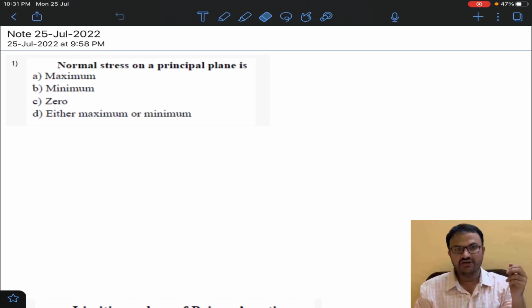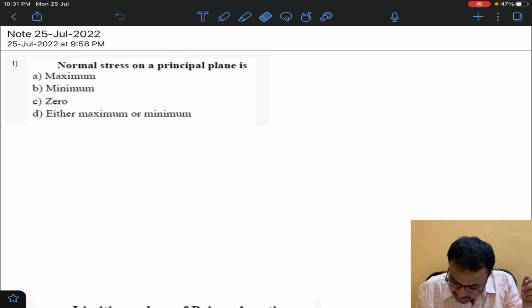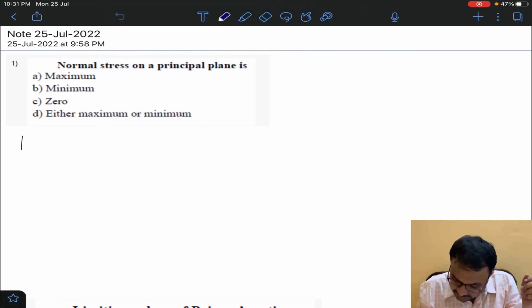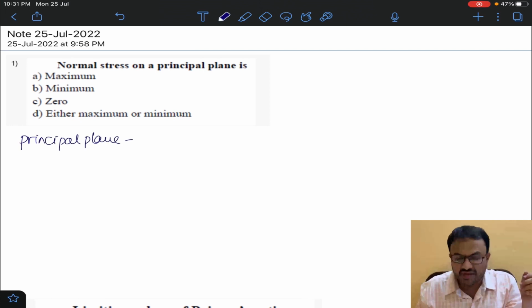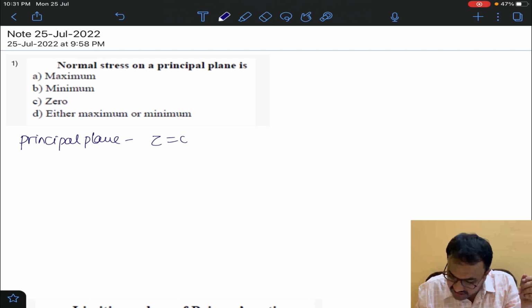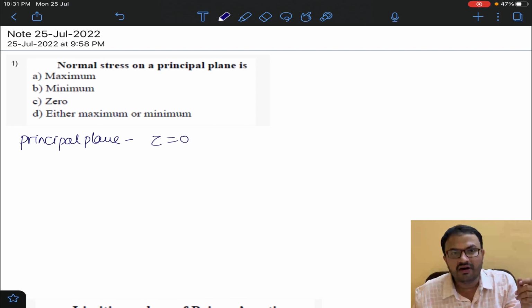First of all, we need to define what is the principal plane. So principal plane is the plane on which shear stress is 0, that is tau is equal to 0. That particular plane we call a principal plane.